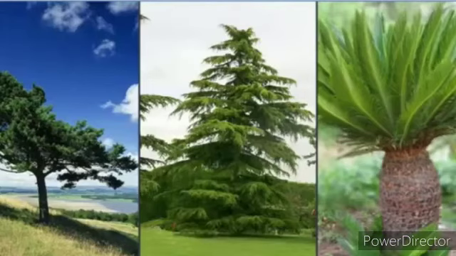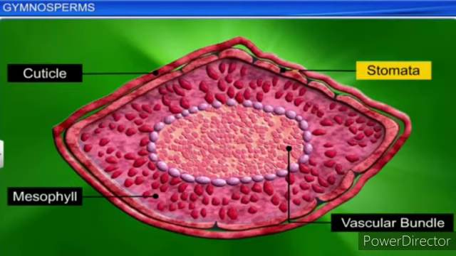Gymnosperms are normally present in the extreme conditions. Maybe the temperature is more, humidity is more, wind is more. So the leaves are adapted, needle-like leaves are present and they contain the cuticle, the outer covering of the leaf, and sunken stomata are present and help to reduce the water loss.